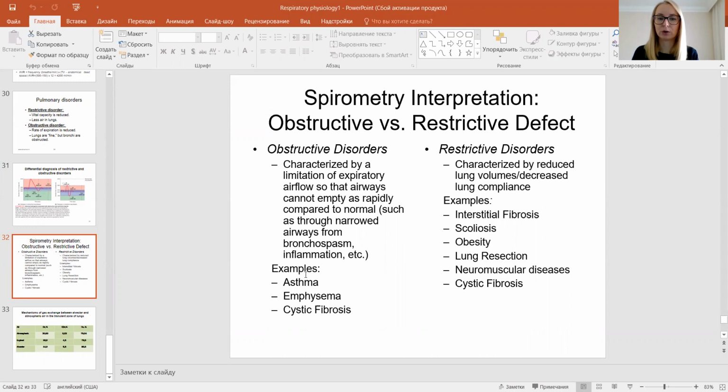Examples are bronchial asthma, emphysema, and cystic fibrosis. And restrictive disorders are characterized by reduced lung volumes and reduced lung compliance. Examples are interstitial fibrosis, scoliosis, obesity, lung resection, neuromuscular diseases, and cystic fibrosis as well.